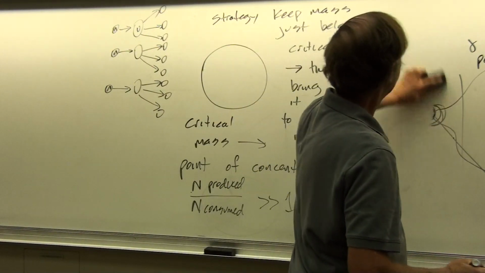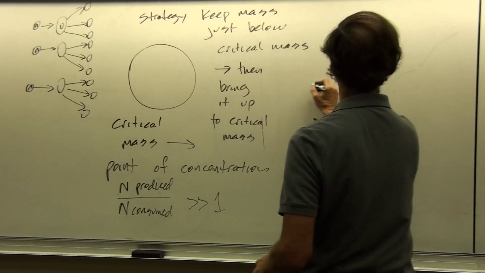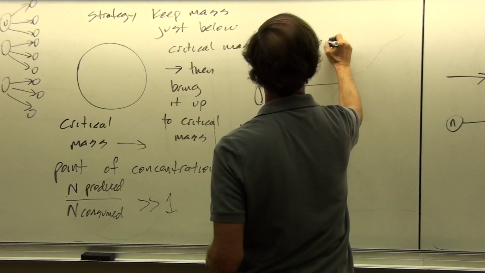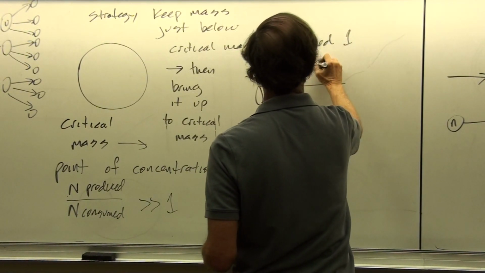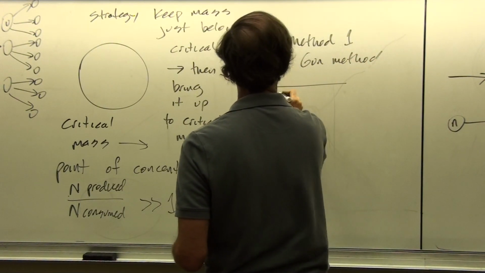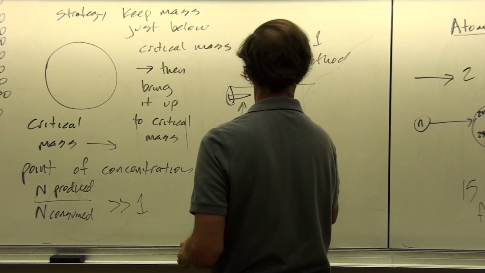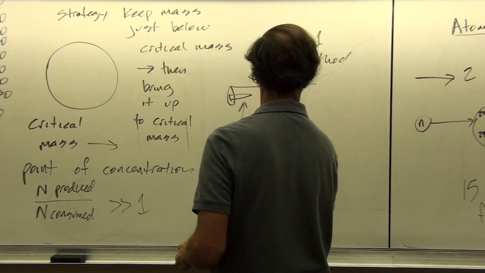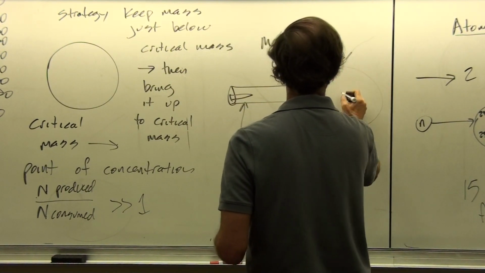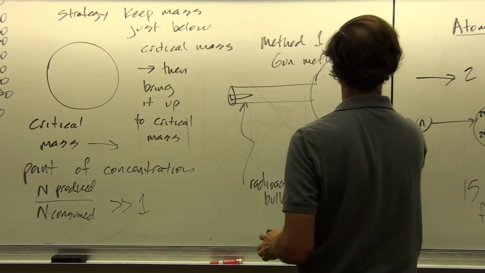So how do we do that? Well, there's two competing methods. One is called the gun method. So here in the gun method, you have a radioactive bullet that's fired into a mass here that is near critical mass.